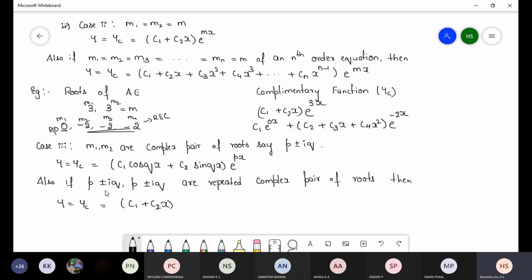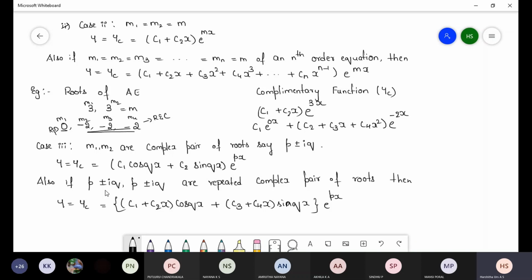This is the repeated root. As it is in the form of a complex pair, I will write cos qx, plus C3 plus C4 x, then the next function is sin qx. Then we have to write the p value, so I will write e power px. This is the general solution for the repeated roots of the complex.